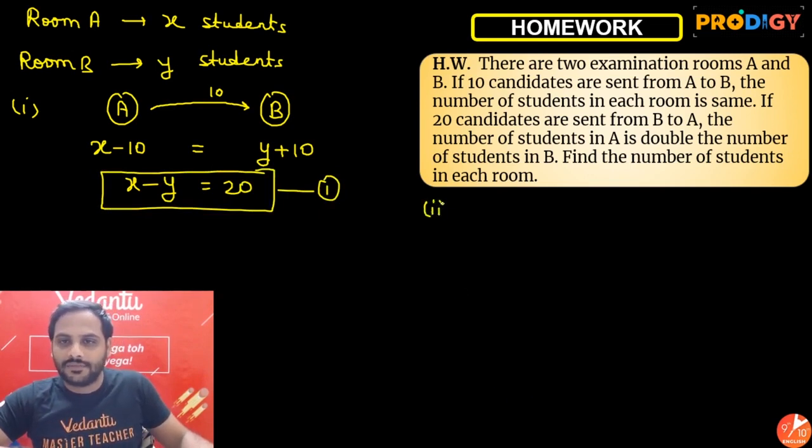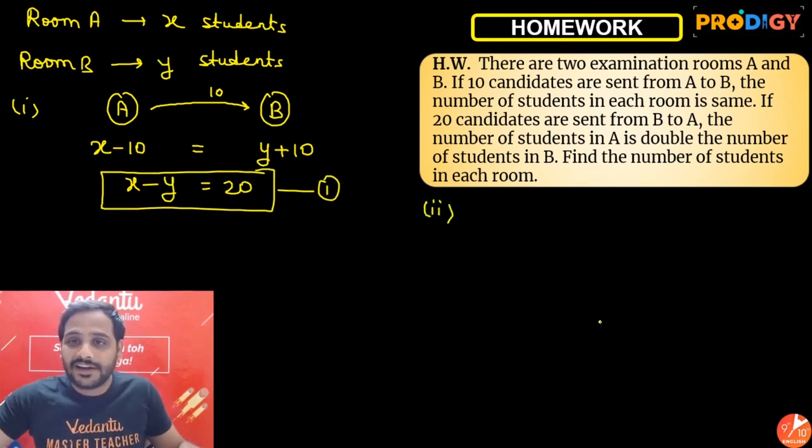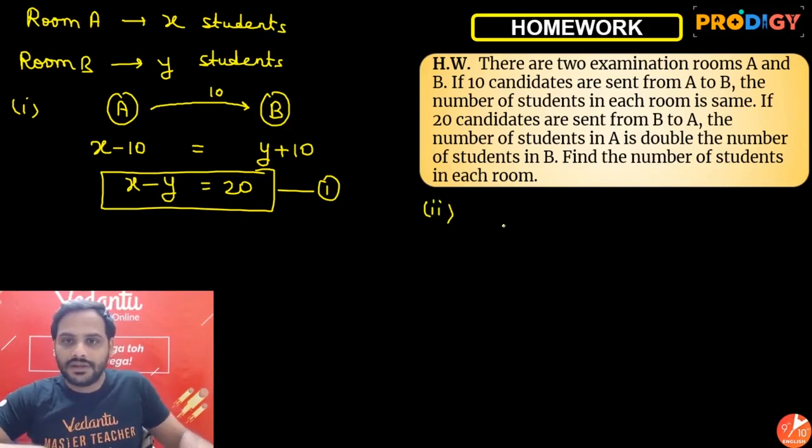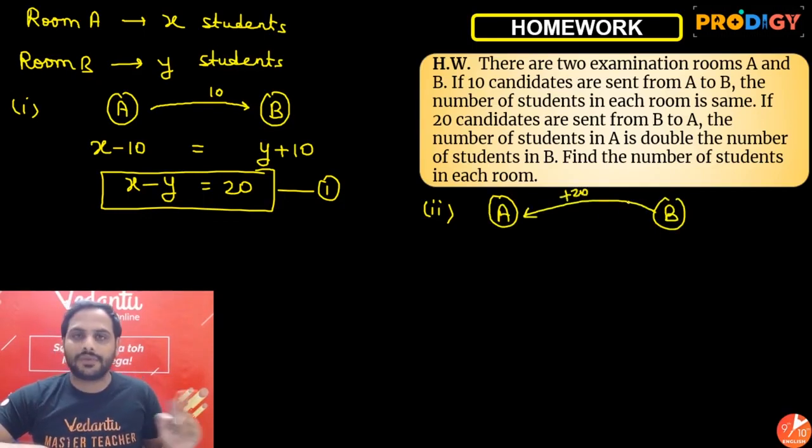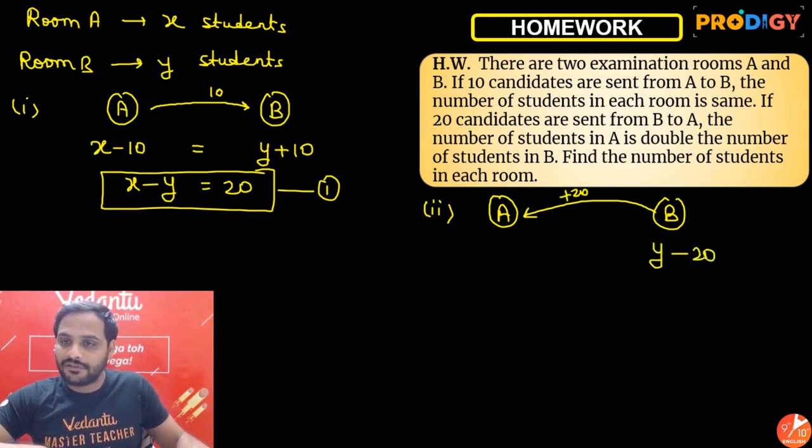Second case: if 20 candidates are sent from B to A. So this time from B we are sending 20 students to A. B had Y students, now it has Y minus 20 students, and A has X plus 20 students.